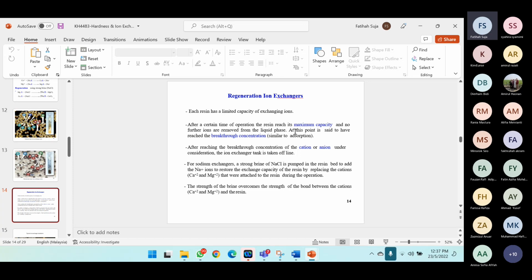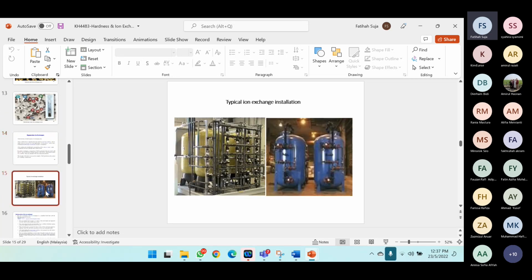For sodium exchangers, a strong brine of sodium chloride is pumped into the resin bed to add the sodium ions, to restore the exchange capacity of the resin by replacing the cations that were attached to the resin during operation. The strength of the brine overcomes the strength of the bond between the cations and the resin. Okay, so you regenerate.